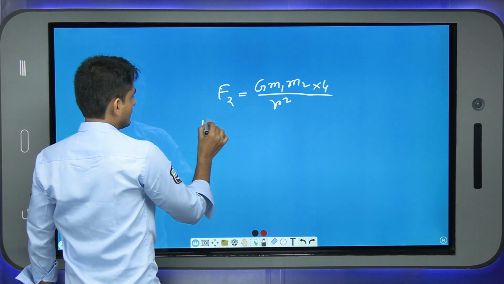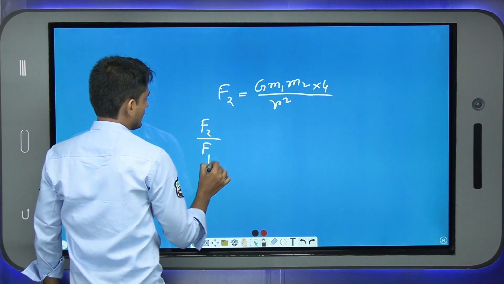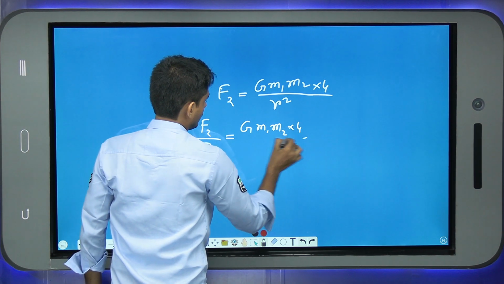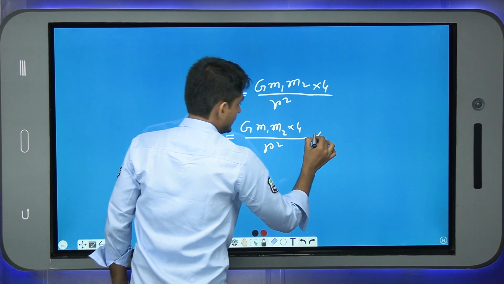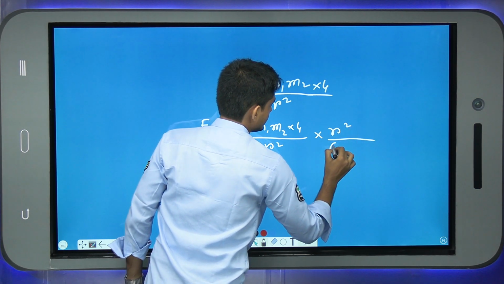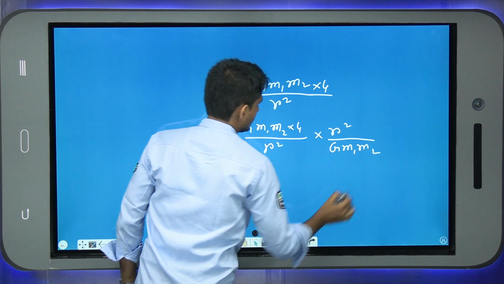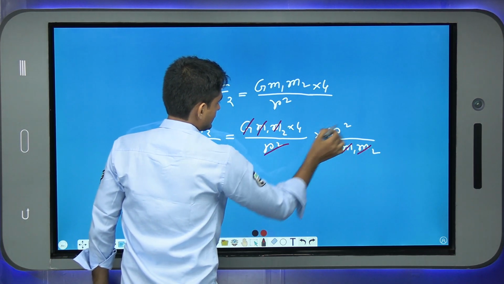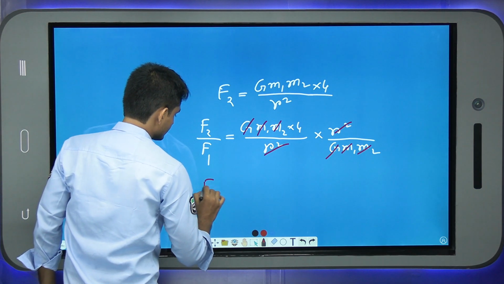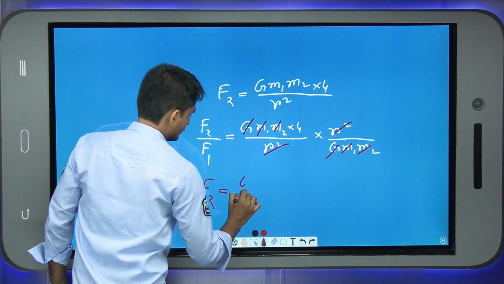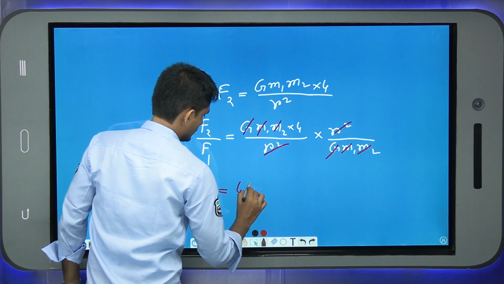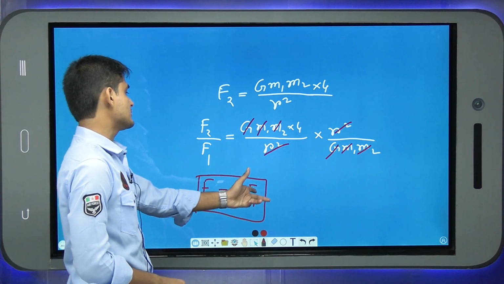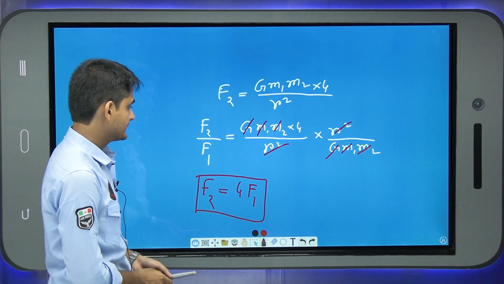Now we calculate F2 by F1, that is G m1 m2 into 4 by r square, into r square by G m1 m2, that is F2 equal to 4 into F1. So the new force will become 4 times the previous.